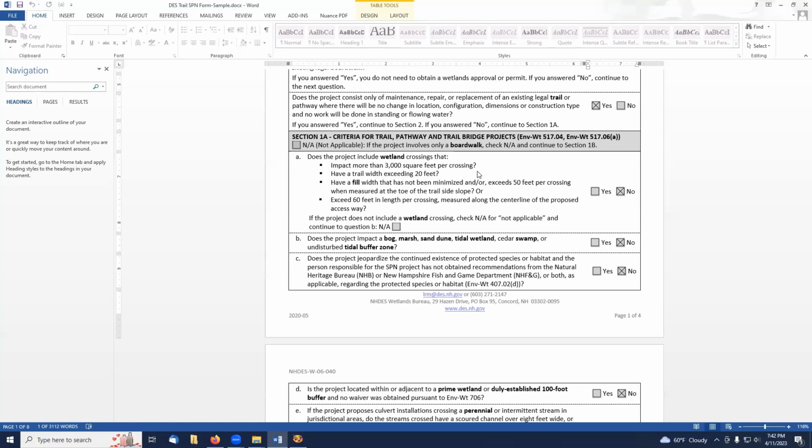Bridges, we build all our bridges to take a fully loaded triaxle dump truck. So 50 tons or 100,000 pounds. But let's say I happened to have a trail crossing that I had to go build an ATV trail, and it had to go through a wetland, and it was more than 60 feet. So what I did to get through that wetland is I used a fabric called a honeycomb fabric.